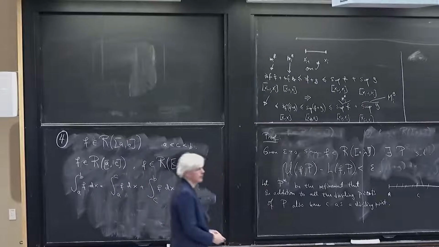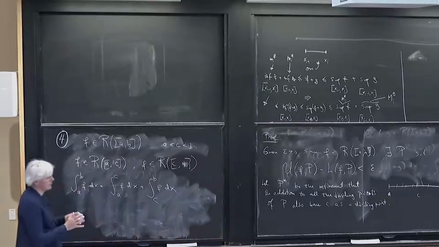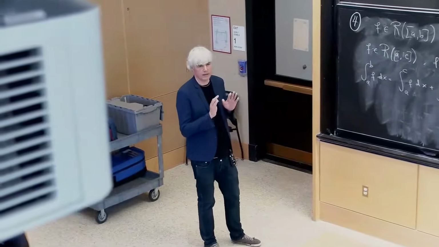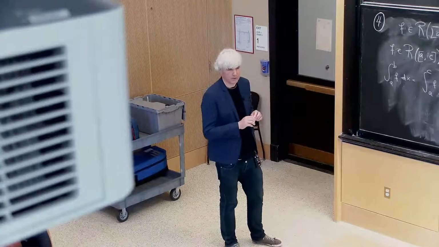So it has one more dividing point. Of course, it may be that c was already there. Then this partition is fine, right?